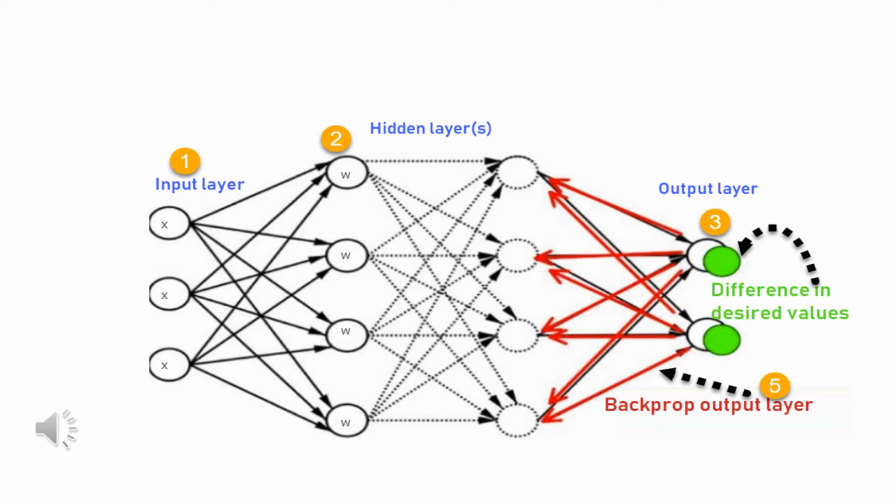Based on these differences, we need to calculate the error, and we need to apply some loss function for measuring the errors. So here we need to apply backpropagation. The point is that we need to go from the output layer back to the input layer, and this process is done by backpropagation. So going backward from the output layer is known as the backward pass from the output layer.